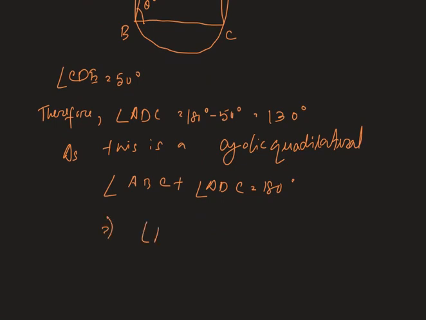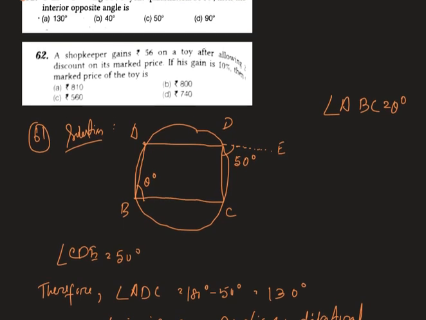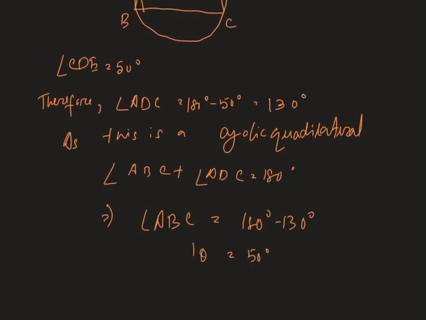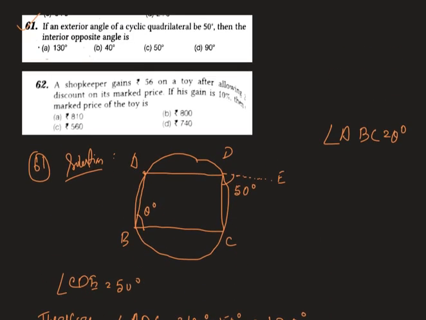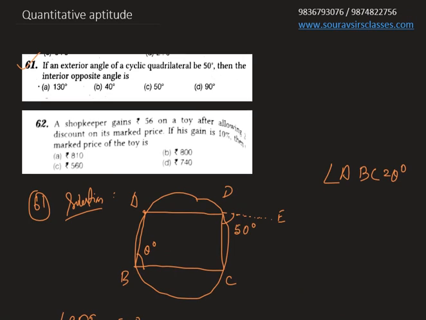Now we already know the value of angle ADC, which is 130 degree. Therefore the value of angle ABC is 50 degree. So theta is equal to 50 degree. So option C is the right answer. Now let's check the next problem.